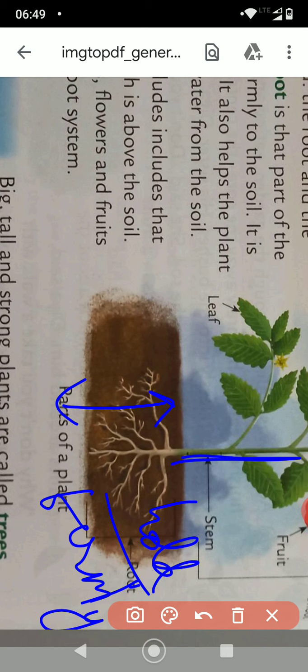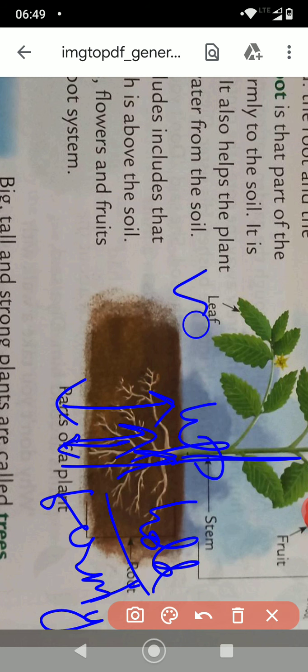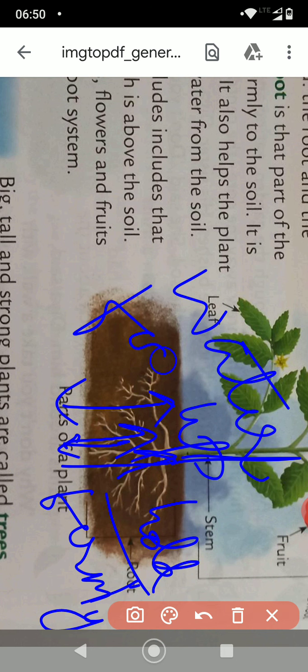Second, it helps to absorb. See, from here the water gets absorbed. The water and food go up for the plants to make the food.